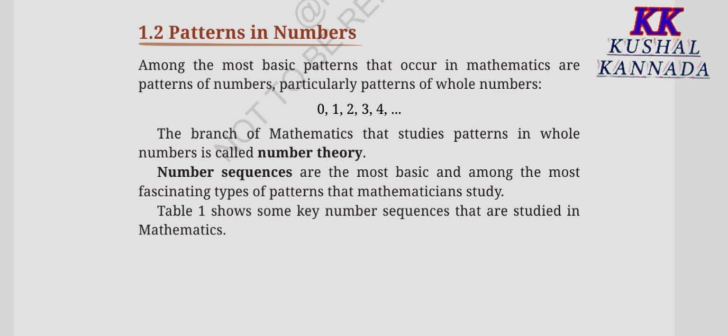for yourself. Among the most basic patterns that occur in mathematics are patterns in numbers, particularly patterns in whole numbers 0, 1, 2, 3, 4. The branch of mathematics that studies patterns in whole numbers is called number theory.